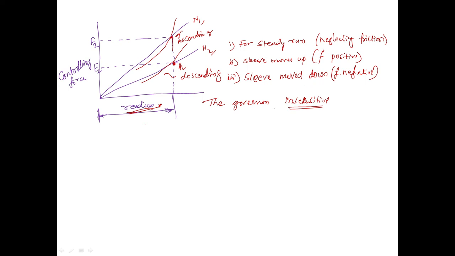Now you need to find out what is the coefficient of insensitiveness in this case of controlling force. The coefficient of insensitiveness is noted as n1 minus n2 divided by n.